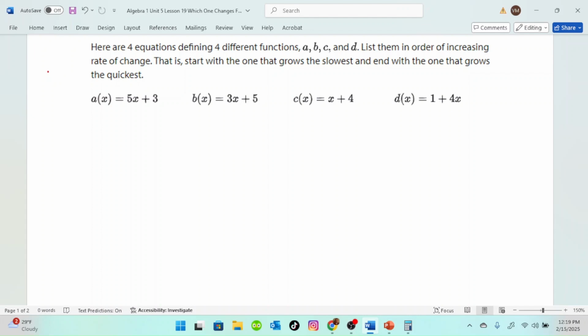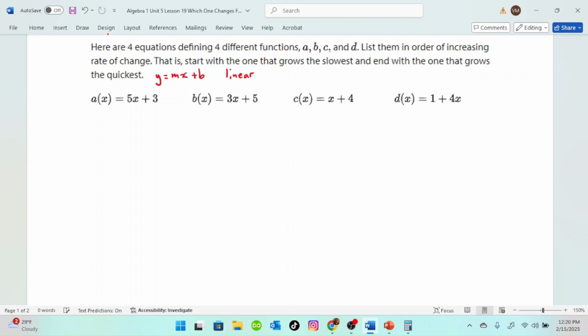So what I want you to notice is that in every single one of these, x is a base number. Also notice every single one of these is written in the linear slope-intercept format. Y equals mx plus b.